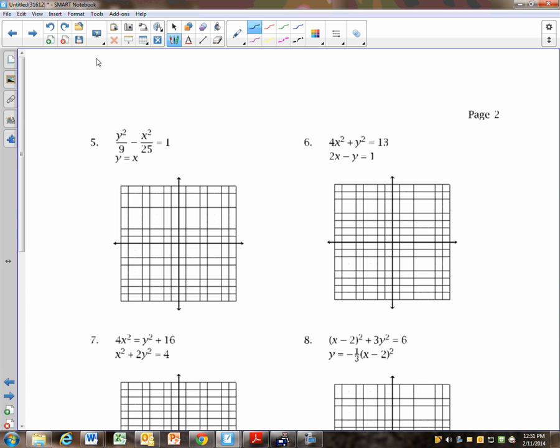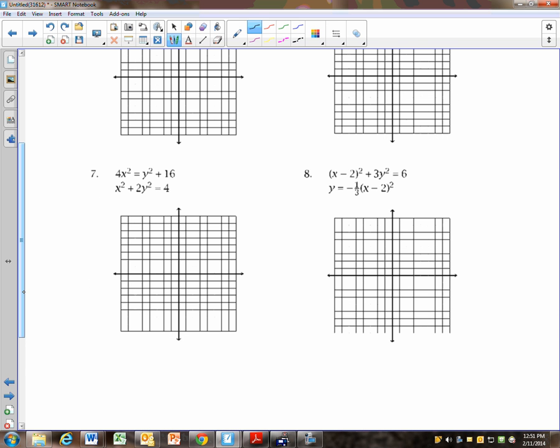Number 6, what's the top one? An ellipse. Divide through by 13. That's what you'll have to do if you choose 6. And then the bottom one is a line. Number 7, the top one, will be a hyperbola. When you subtract the y squared over, the y will be negative. The bottom one is an ellipse.